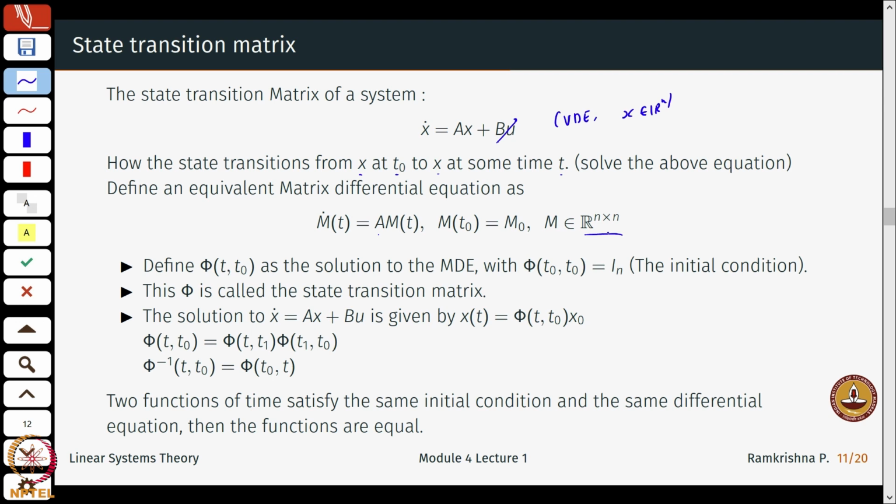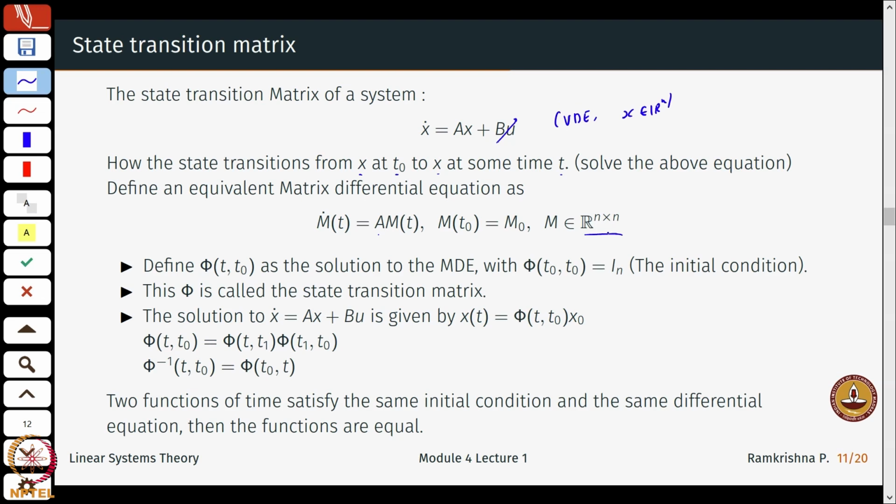It will slowly be clear why I am doing this, and we will derive this a little later, but for the moment we will just learn it, not very constructively, something which will help us understand the basics of the state transition matrix.